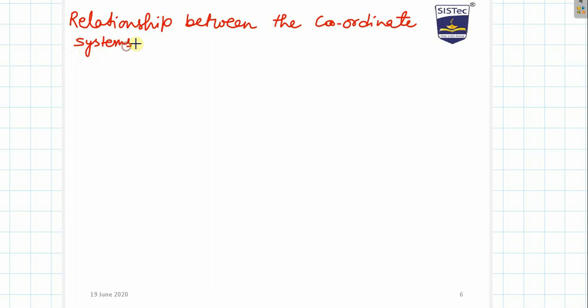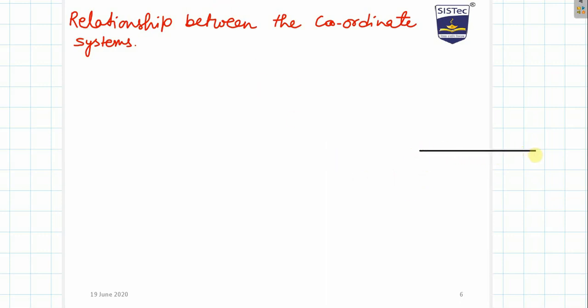Okay, so for that let us draw the coordinates. So for that, what I have told you is that if you have to represent any of the coordinates, you have to represent through the three axes.